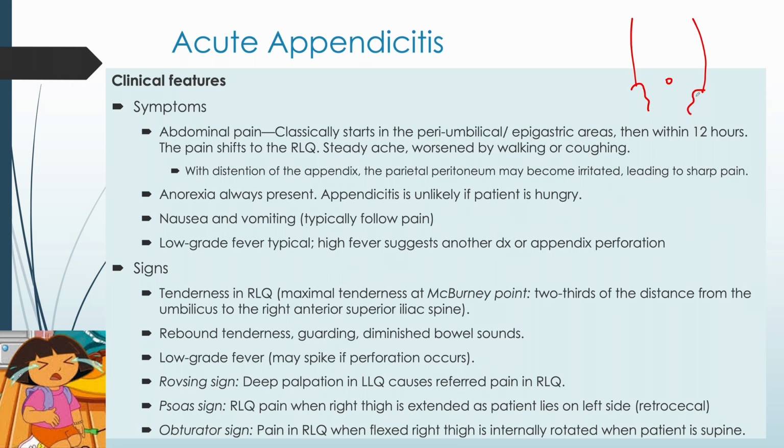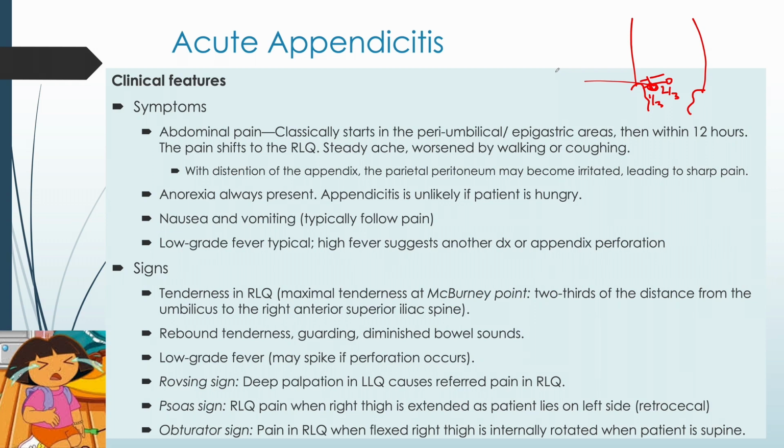So from your umbilicus to here, it would be either 2/3 from here to there, or 1/3 from here to here. So it's right about there. This is 1/3, and this is 2/3. I don't know that that's really that important, but that's McBurney's point right here. And that is the point where they tend to have the maximum amount of pain, tenderness.